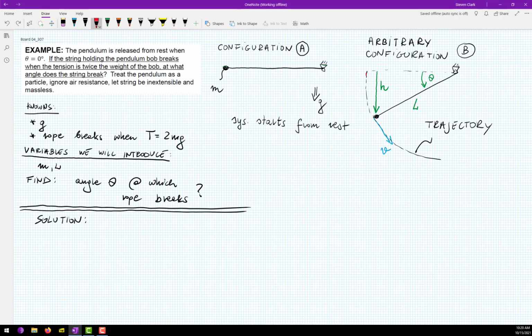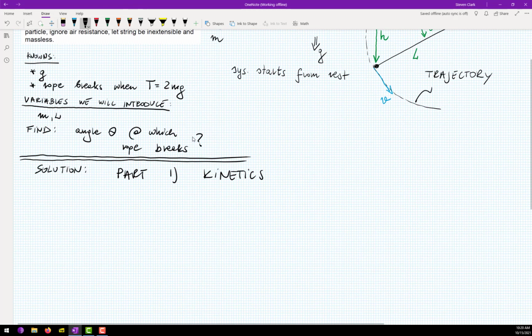This is an interesting problem because it combines kinetics and work energy. So our part 1 will be kinetics. I told you last time that we are done with kinetics. It looks like we are done with kinetics, but it will come back most of the time.